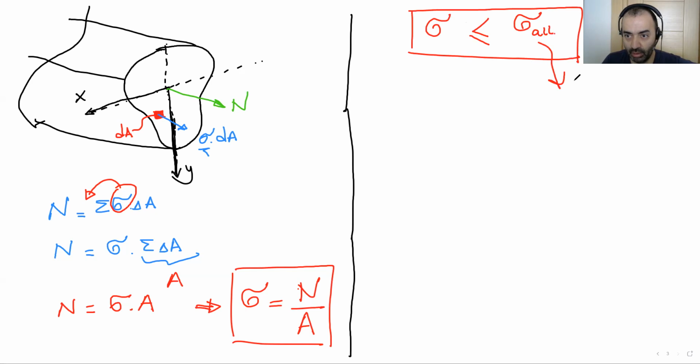This depends on the material. You don't have to know this allowable stress. If you need to use that in the calculation, we always give it to you.